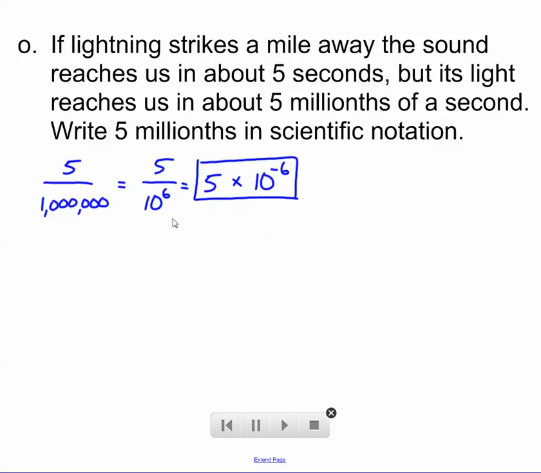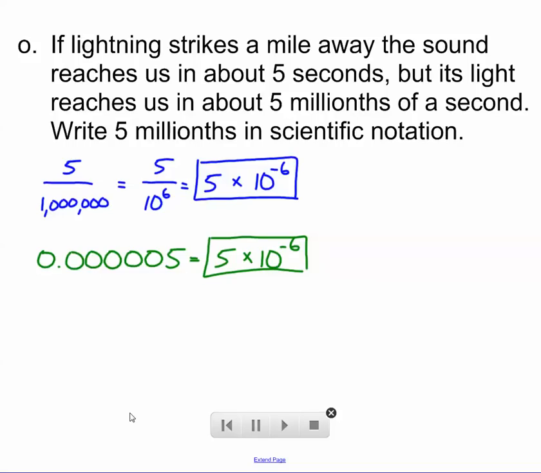A million is 10 to the 6th power. And if we move that 10 to the 6th up to the top, it would be 10 to the negative 6th. Just like you can make exponents positive by moving them from the top to the bottom, you can make them negative by moving them from the bottom to the top. Another way to look at this is tenths, hundredths, thousandths, 10 thousandths, 100 thousandths. There's your 5 millionths place. And we're going to move the decimal place 1, 2, 3, 4, 5, 6 places to the right.